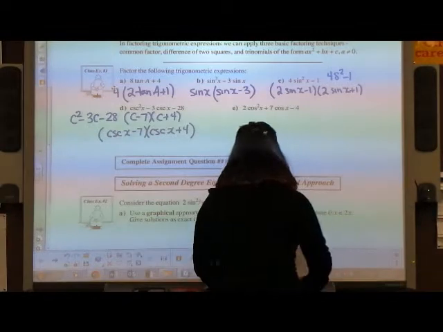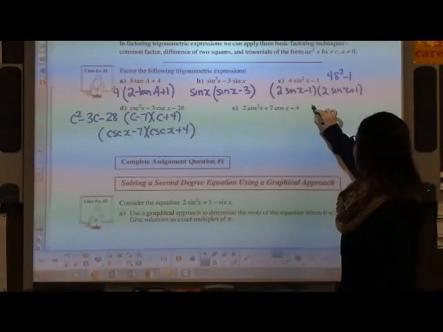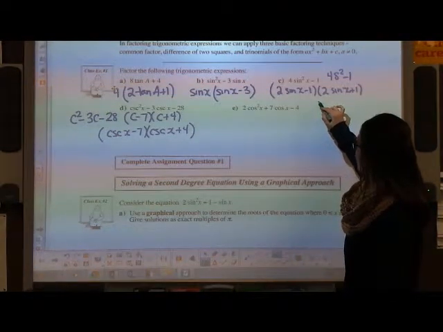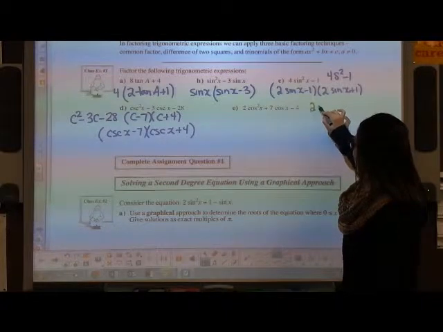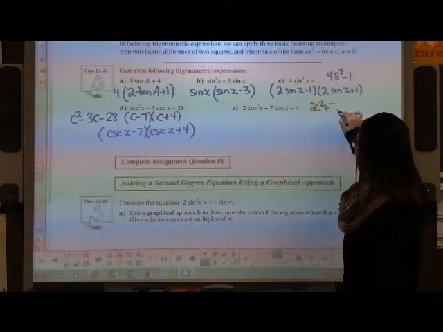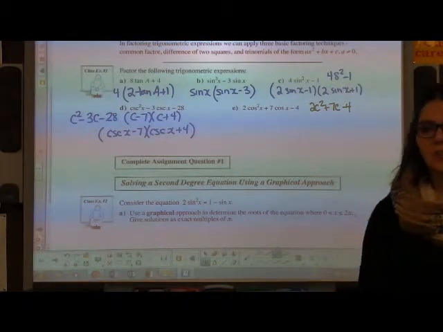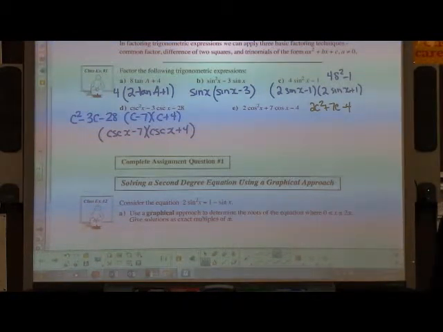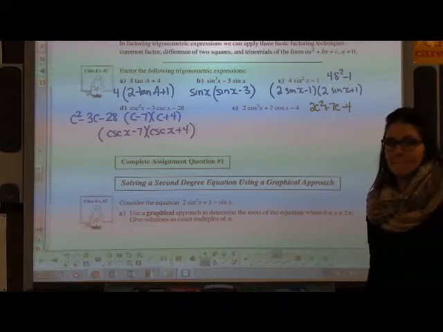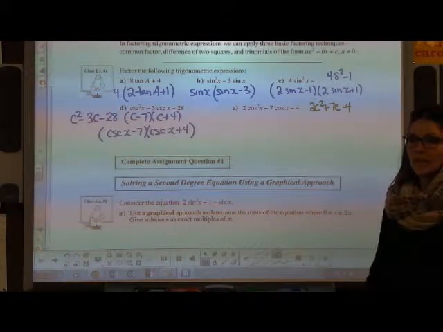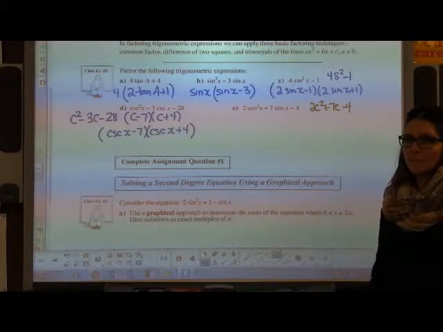And then the last one, 2 cos squared x plus 7 cos x minus 4. I can think of it as 2c squared plus 7c minus 4. How could I factor this one? Can I use inspection on this one, or a form of inspection?